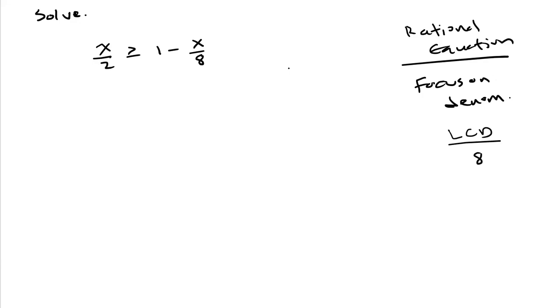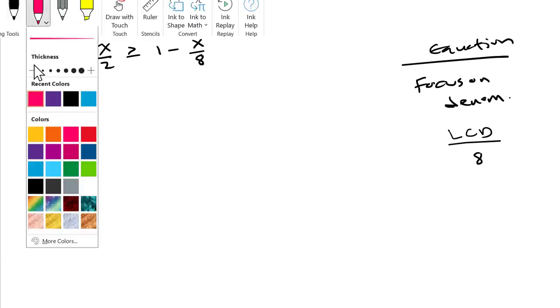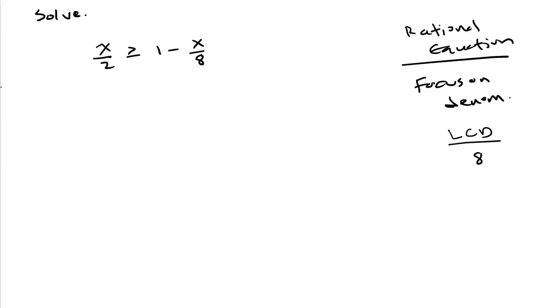Or which factor? So I'm going to multiply the first term here. The key part here, I'll put a big star here, is to multiply the LCD to each term.